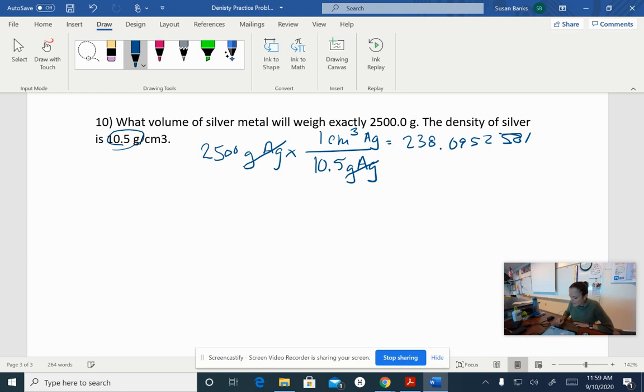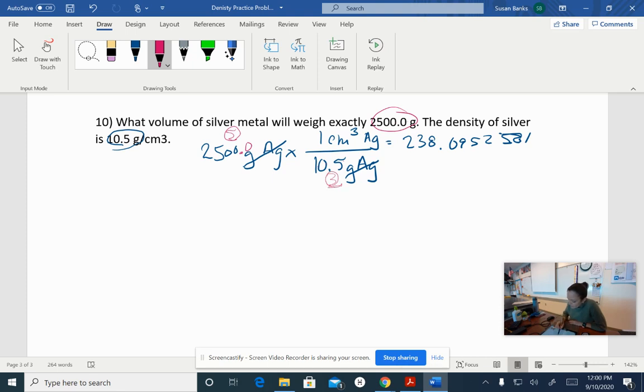238.095238.1. Now there's no way I can use all of those digits. So let's look at significant figures. Here, I didn't write that very well. That should have a 0.0. So I have 1, 2, 3, 4, 5. I've got 5 digits that are significant here. In this density, I have 1, 2, 3 digits that are significant.